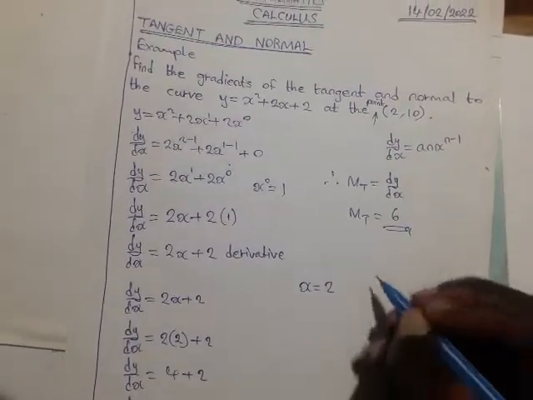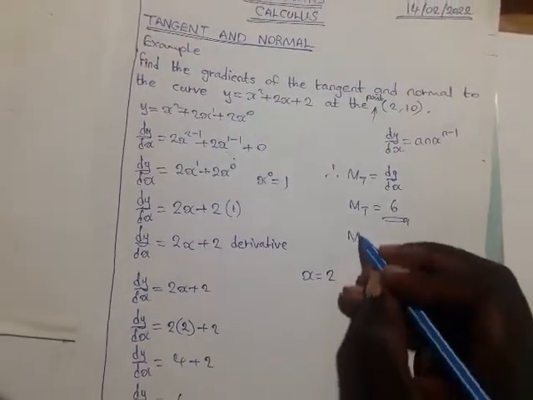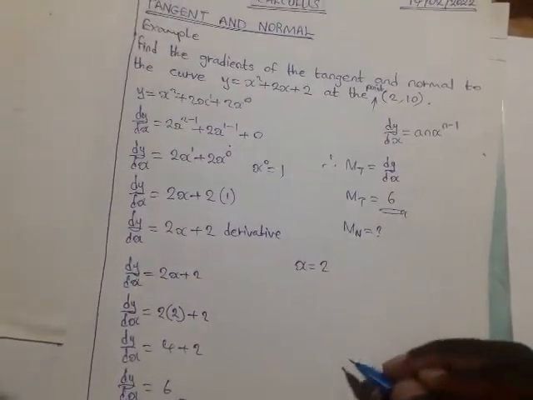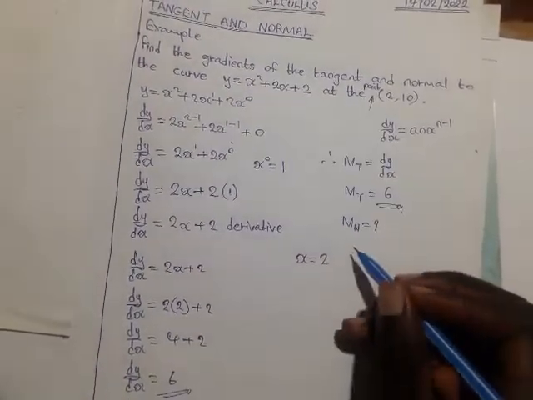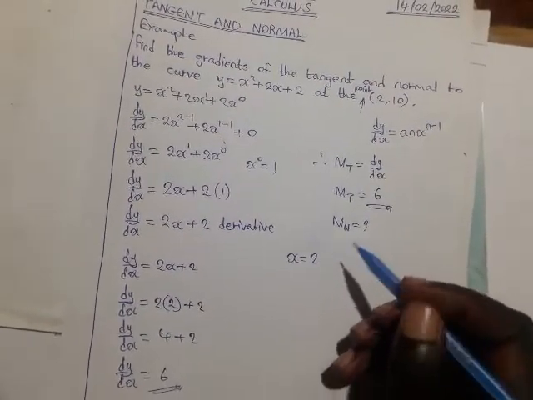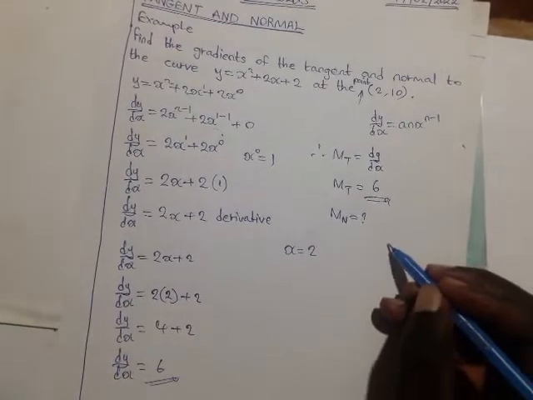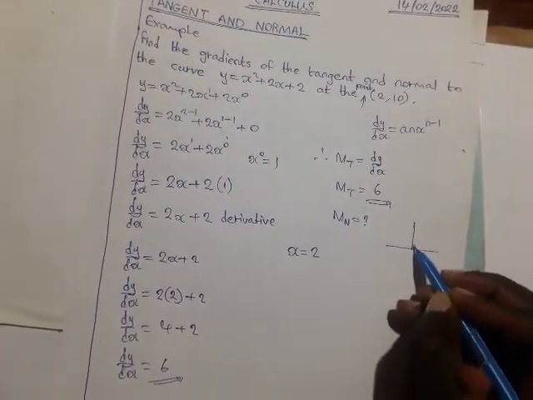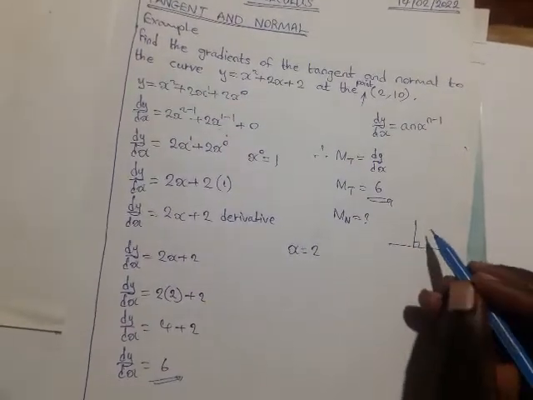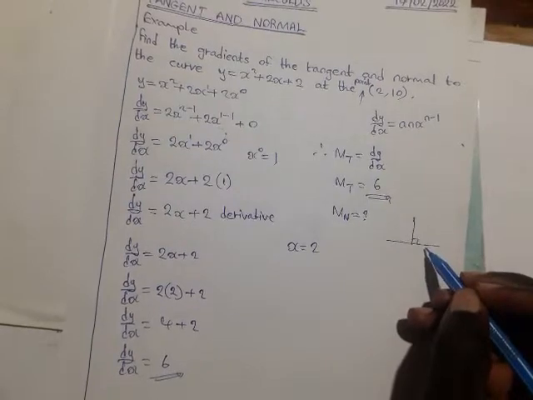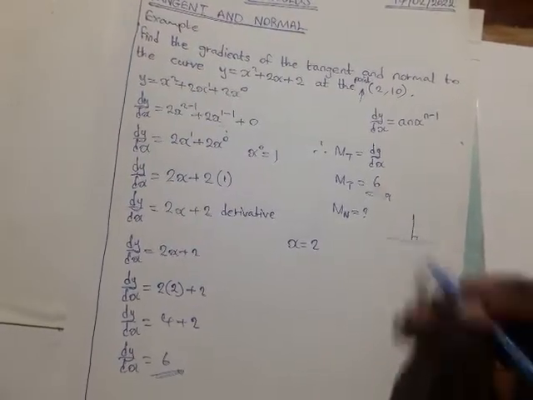So now to find the gradient of the normal, mn, we are going to borrow the concept of coordinate geometry. When two lines are perpendicular to each other, their product of gradients is equal to -1.